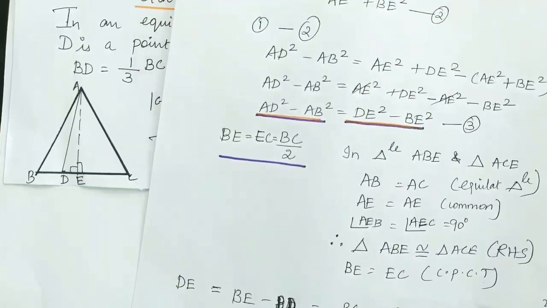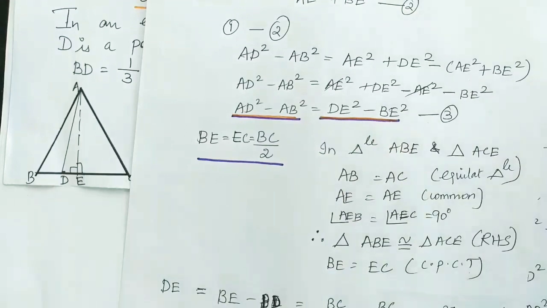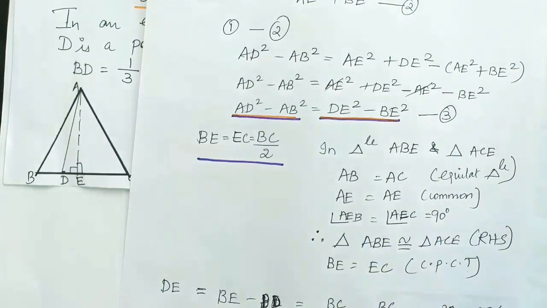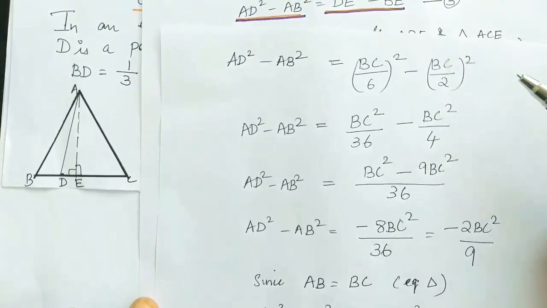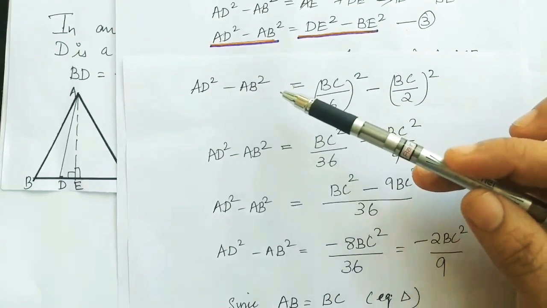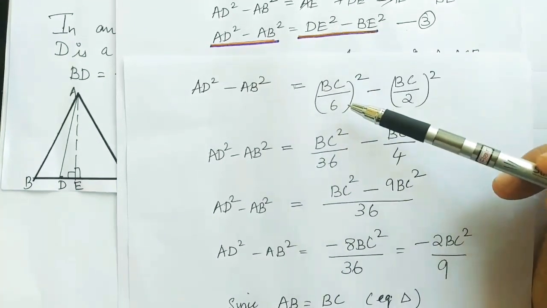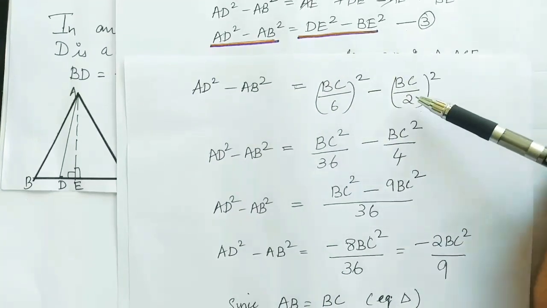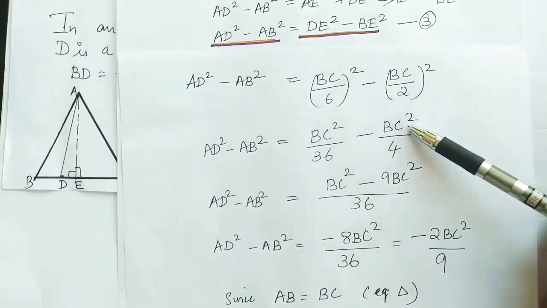Now we have got both values of BE and DE in terms of BC. Now we are going to substitute these two values in this equation. So after substituting in equation 3 here, what you get is AD square minus AB square is equal to DE times BE, that is BC by 6 into BC by 2, which is BC square by 12.